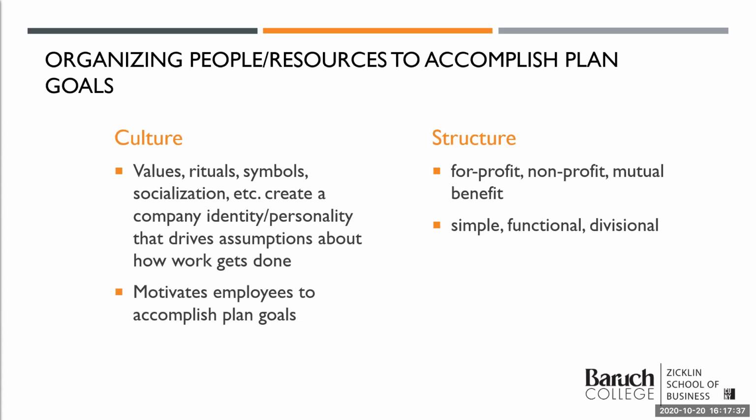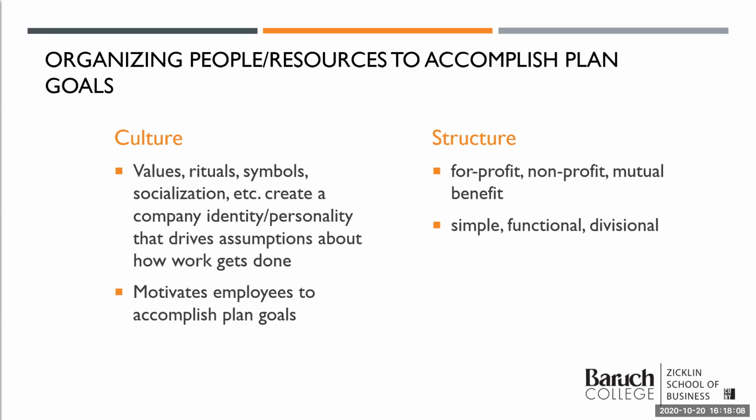Which is the values, rituals, symbols, socialization, et cetera, that create a company identity, a company personality that drives the assumptions about how work gets done. And I used the dramatic example of a religious cult to illustrate how powerful an impact the culture can have on behavior. And so that's used to motivate employees to accomplish the plan goals.